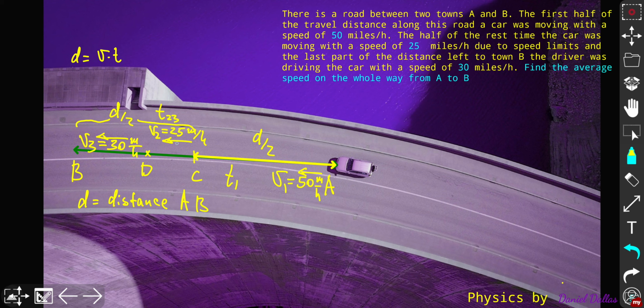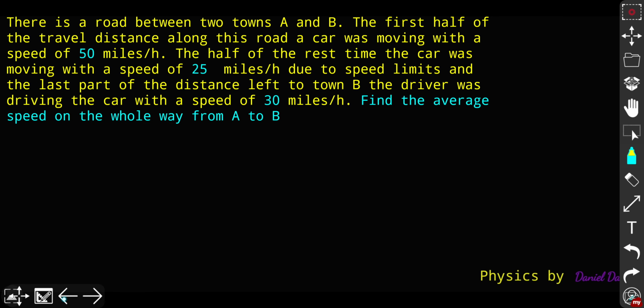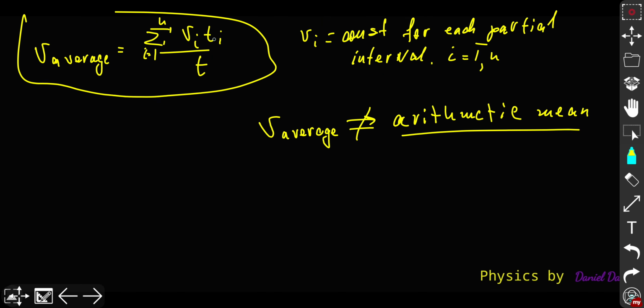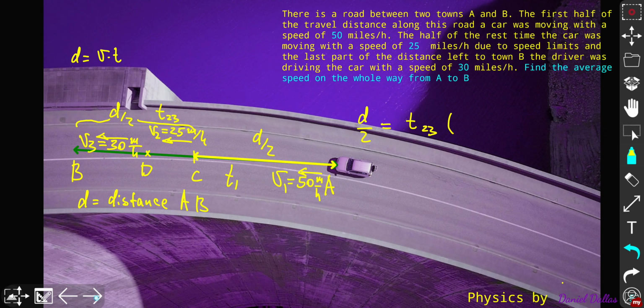So basically, for this time T23, it covered distance d over 2 with some average speed. So in this case, the average speed is for V2 and V3. By definition the average speed is distance over time, so we can also express it as the weighted average. We are simply going to use that formula, but for two intervals. Let's have a look at how it works.